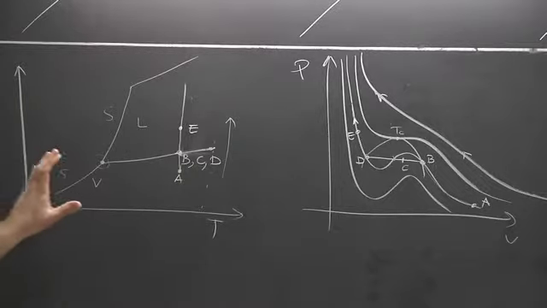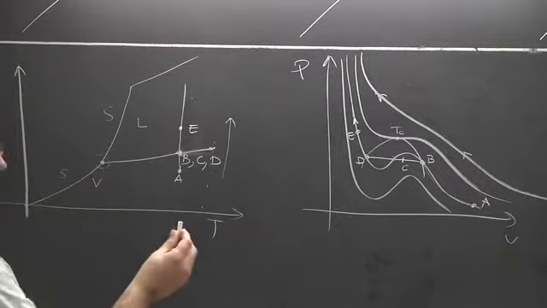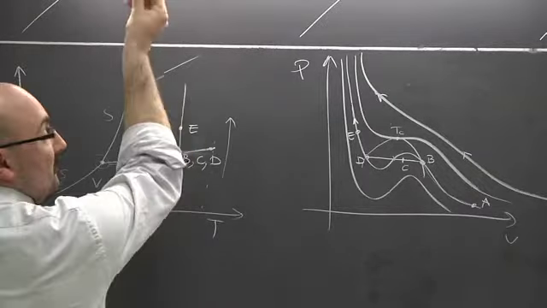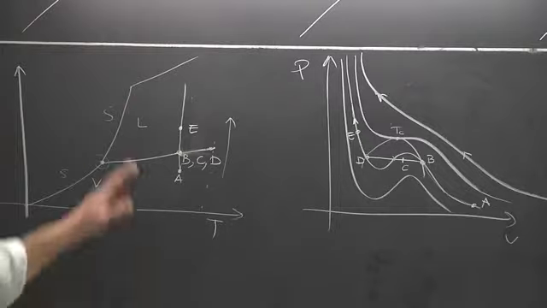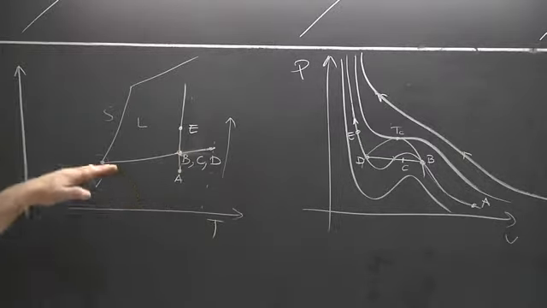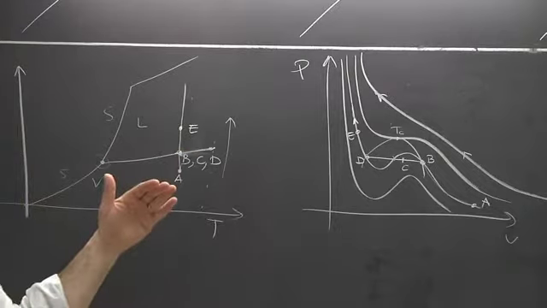So depending, if you add a third axis to this diagram, you put the volume, then you see that essentially what you're doing is this, and then you move like this, and then come up like this. But if you don't see the third axis, these points coincide. So this is the line of coexistence.